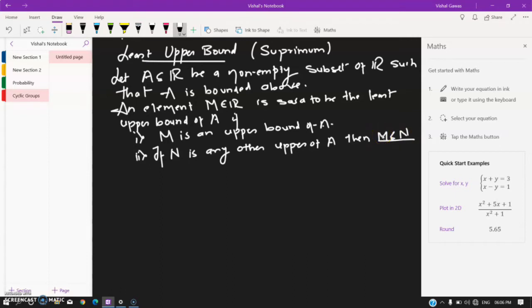Any other upper bound must be bigger than or equal to the least upper bound.